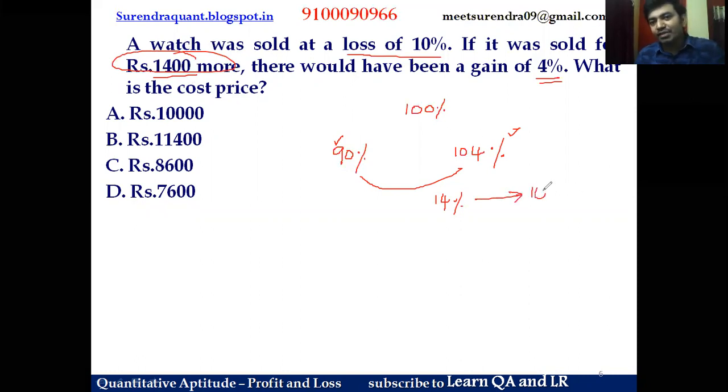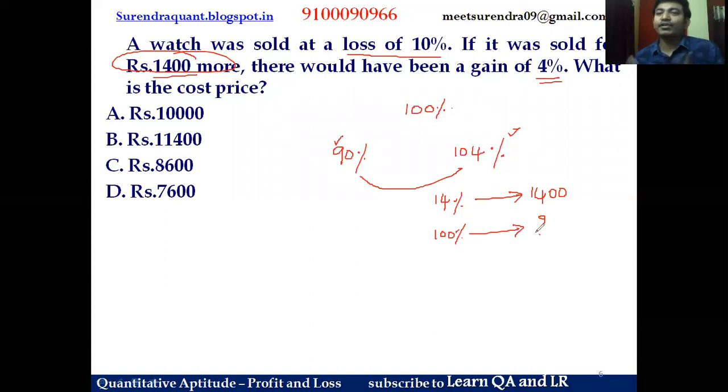So if 14% is 1,400, what is the CP of the watch? He purchased for 100%, so 100% value is what? Understood? So initially 10% loss, selling at 90%. Later on 4% gain, selling at 104%. So the difference in selling price is 14%, and that 14% numerically is 1,400.